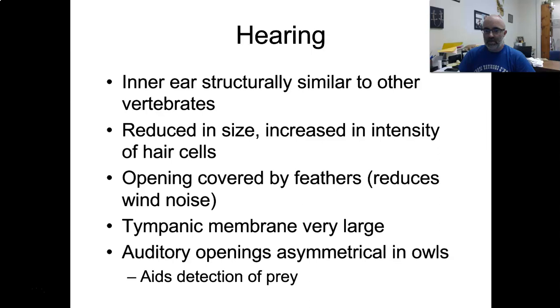Of course, you don't see the ear opening in birds because they're covered with feathers, but they have a very large tympanic membrane, which I believe is what goes over the eardrum. So, very acute hearing in birds, which is not surprising considering they are auditory communicators.